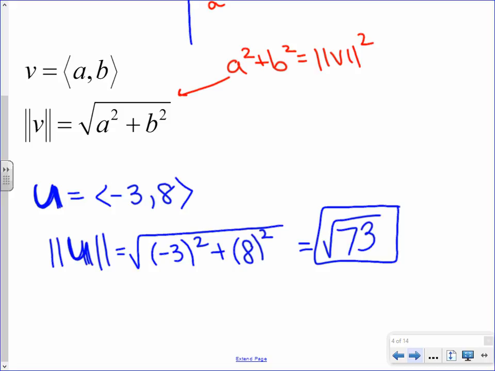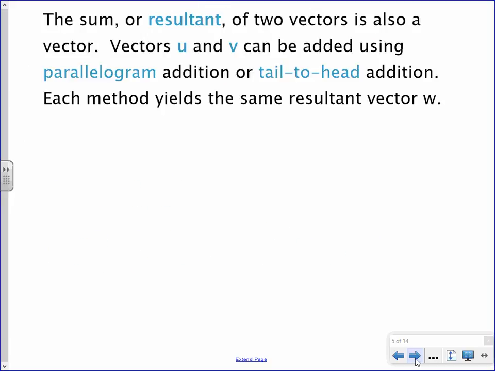Okay? Now I know a lot of you are going to be ready to talk about the direction. But we're first going to take a moment and we're going to talk about combining vectors together using addition or multiplying by a scalar. Okay? So don't write this down right now.